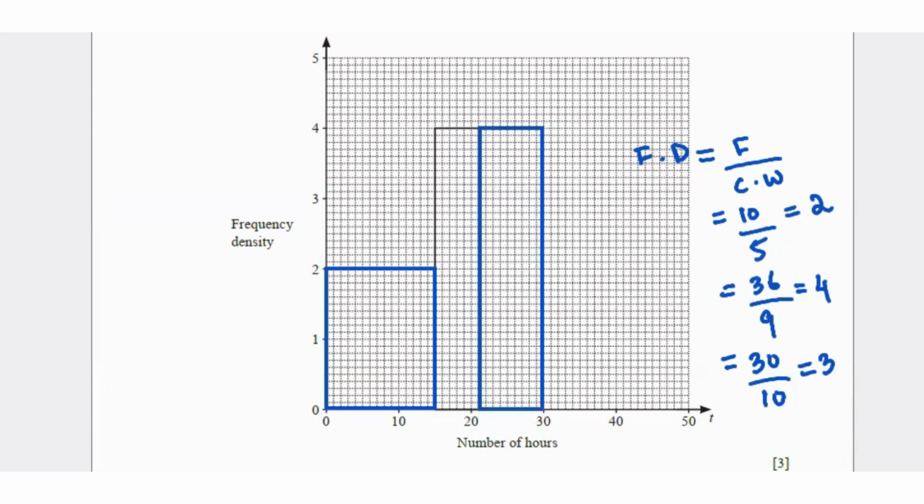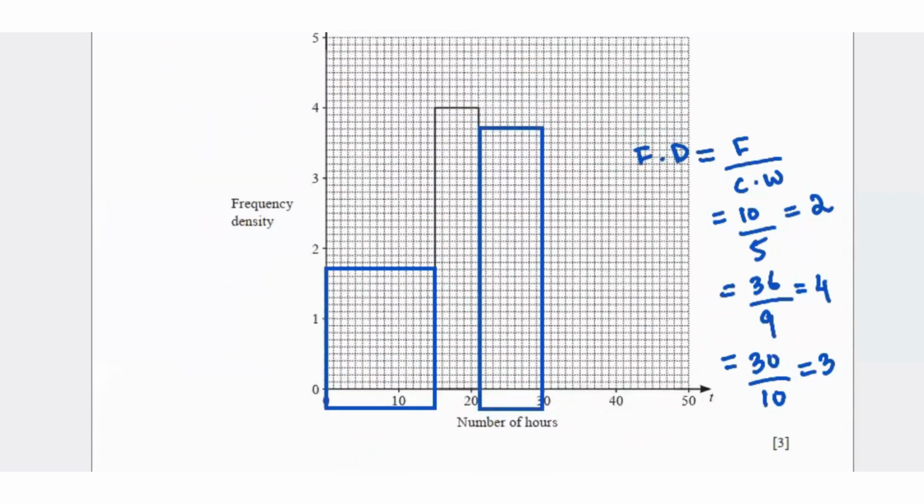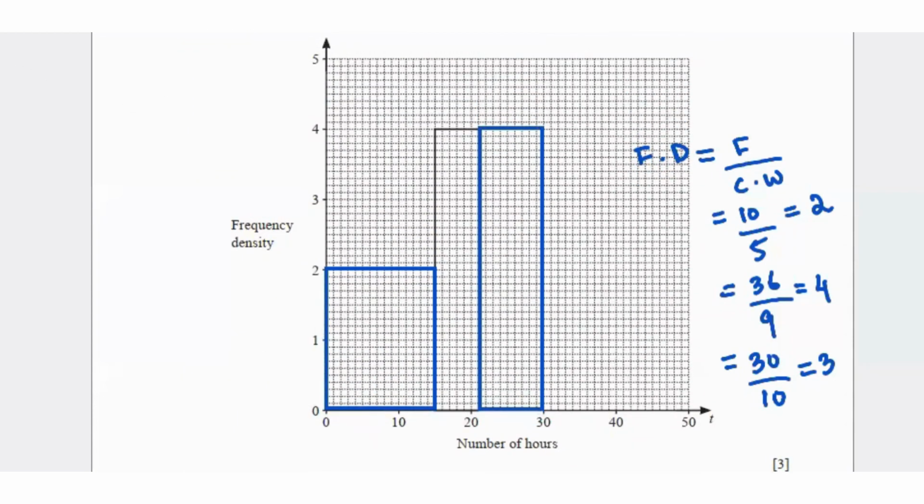The next one is 30 to 50, and 30 to 50 is going to be at 3. Yep, so that's your complete histogram.